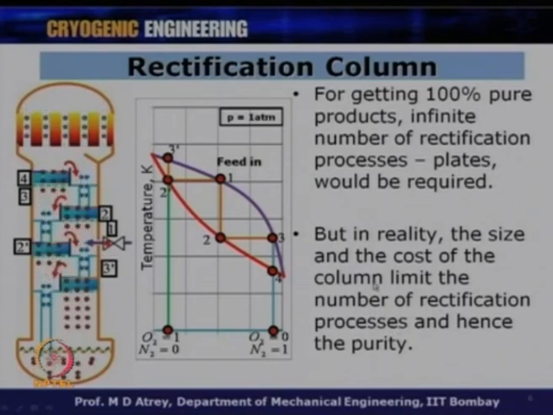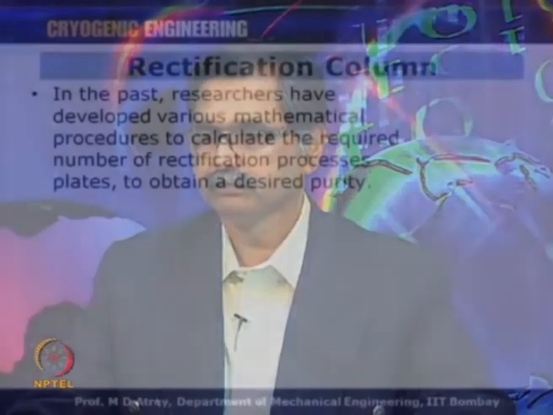So, I will have to sacrifice some purity. I need not have 100% pure nitrogen, I need not have 100% pure oxygen, but maybe 98%, maybe 97% is good enough for me, and therefore a column has to be designed for a given purity which is an input data. Okay? That is very, very important.